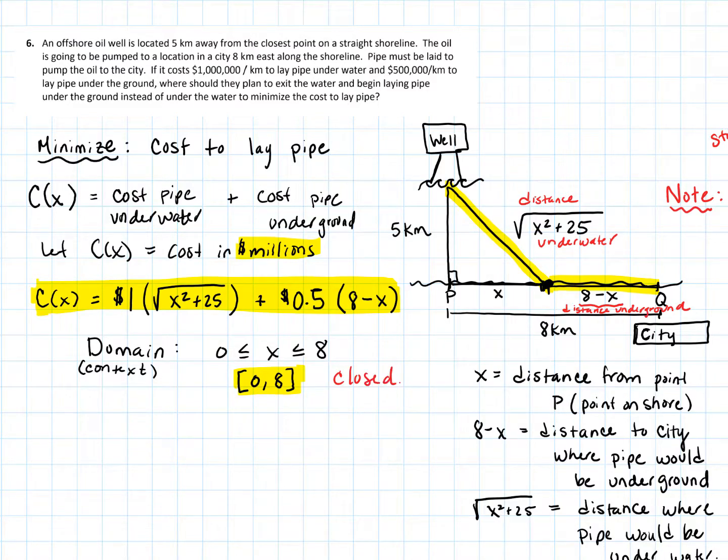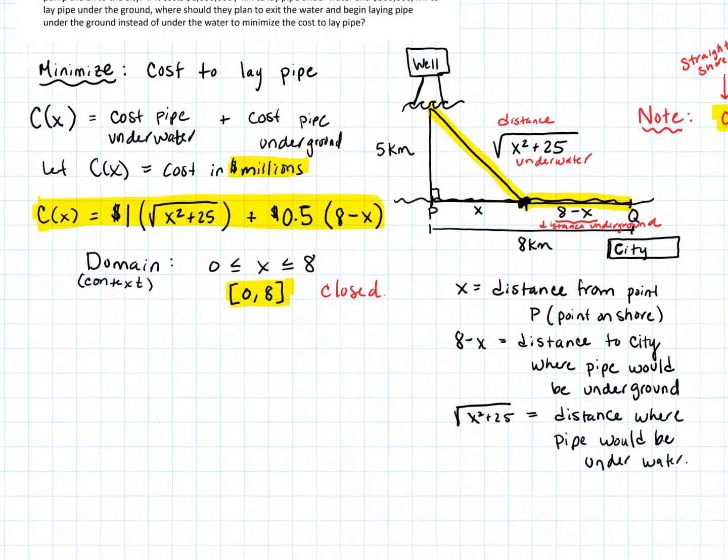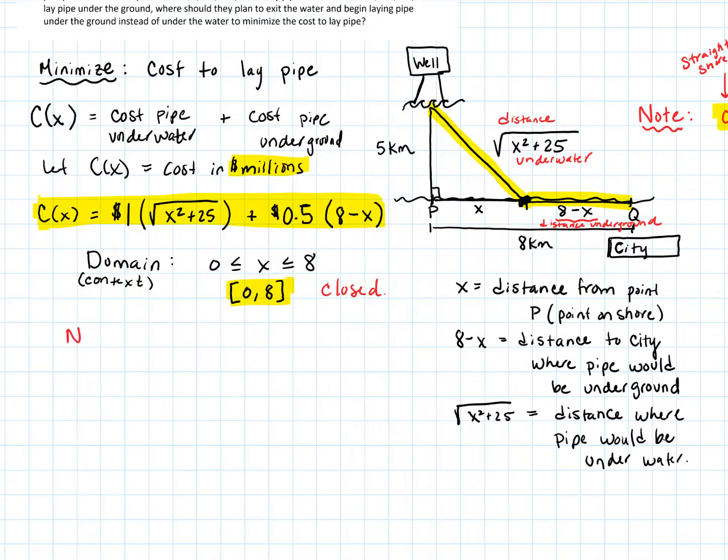But before we do that, let's just make a little note here, because this is the first time we've had a closed interval for the domain. So to determine, in our examples, max mins, we should say absolute maxes and mins, because that's what we want. When we're optimizing, we want to know what the absolute maximum or the absolute minimum is.